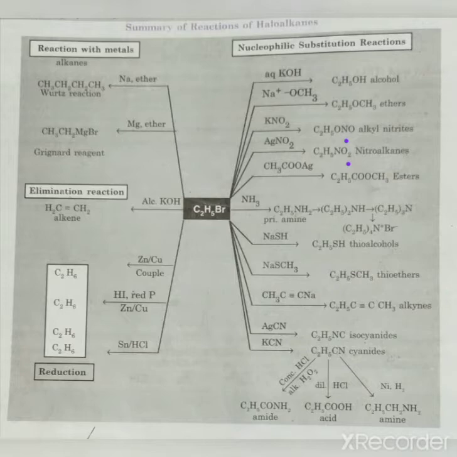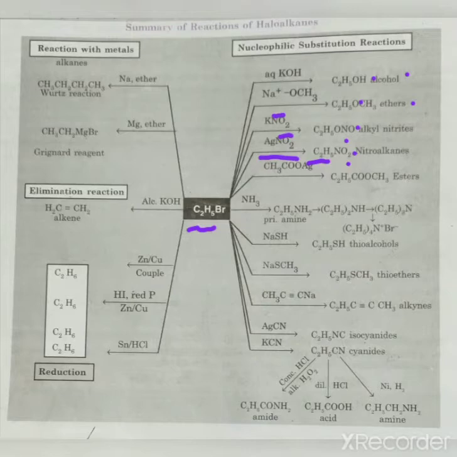When you observe this, the R is as it is here, that is C2H5 is as it is. The only change is in the nucleophile. In the first case it is OH, in the second case it is OCH3, in the third case it is KNO2, that is ONO, in this case it is NO2, and here it is CH3COO.